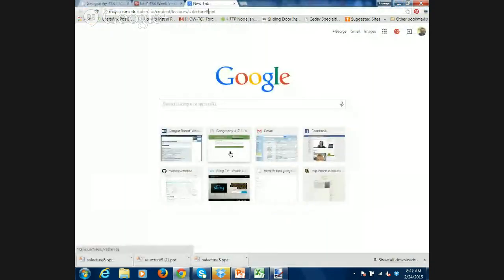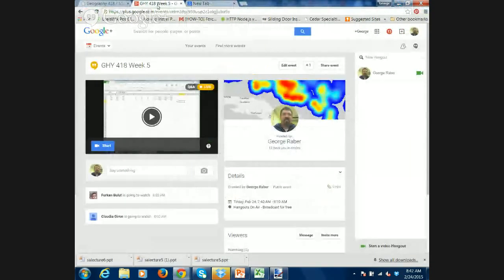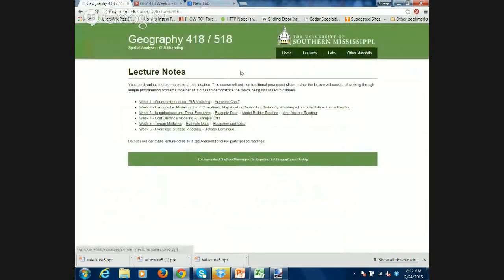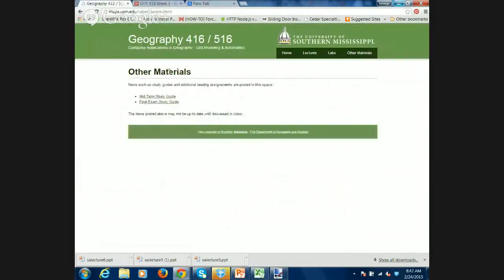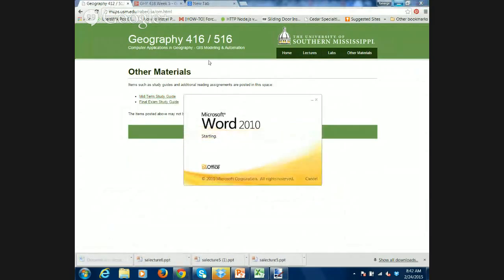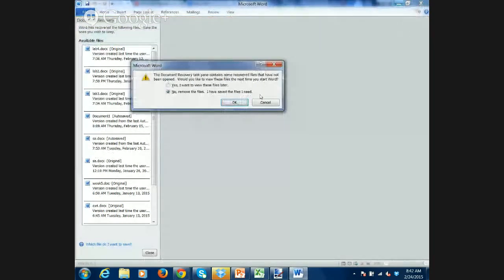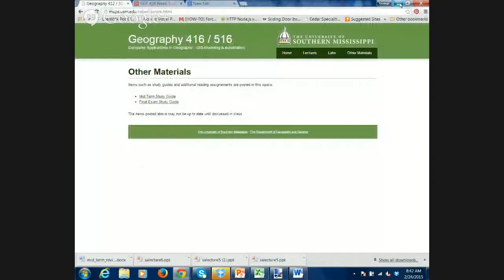All right. So if we look back here, we do have a little bit of time. If we look back at the lectures, this is probably not valid. If you go to other materials, that's not valid, because the course was significantly redesigned.